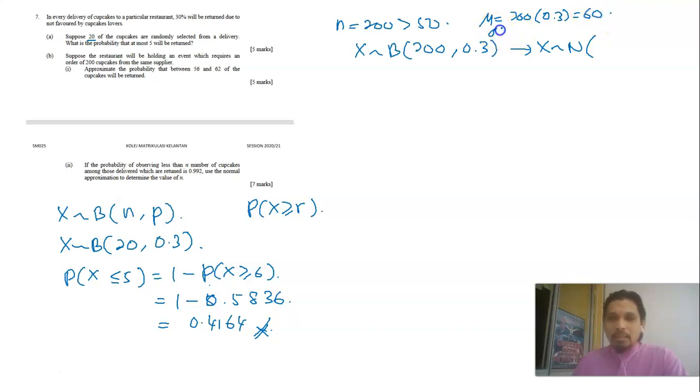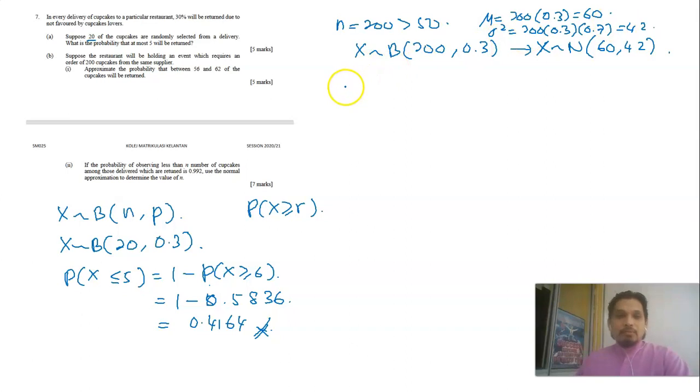And then the variance equals 200 times 0.3 times 0.7, where probability of success is 0.3 and probability of failure is 0.7, and this gives you 42. So from a binomial distribution of 200 trials with probability of success 0.3, we turn it into a normal distribution with mean 60 and variance 42.